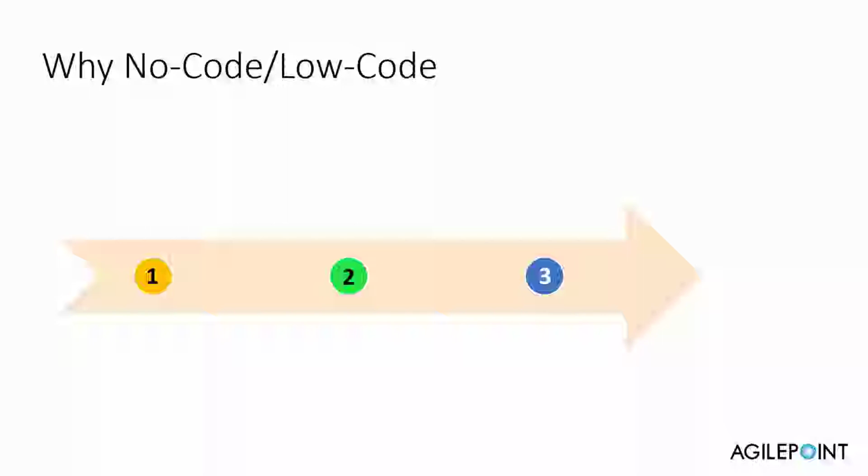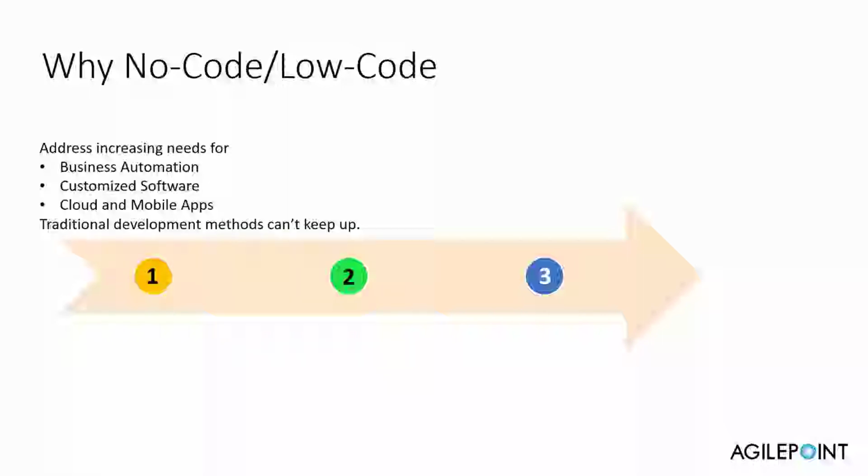So let's talk a little bit about the types of challenges that AgilePoint as a platform is solving for our customers. The first of which, in this era of digital business transformation, is that there's simply a need for more software than most of our customers are able to deliver. We need to automate the various internal and customer-facing processes that help us run our business and deliver a delightful experience to our customers.